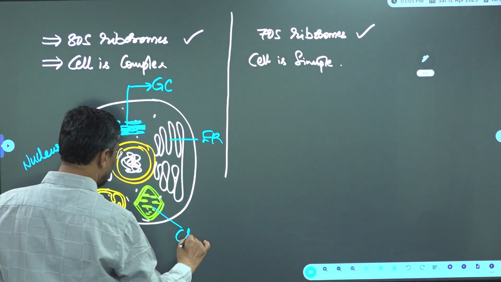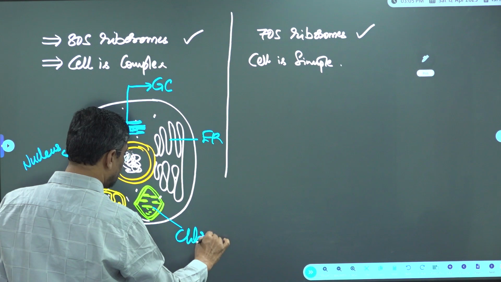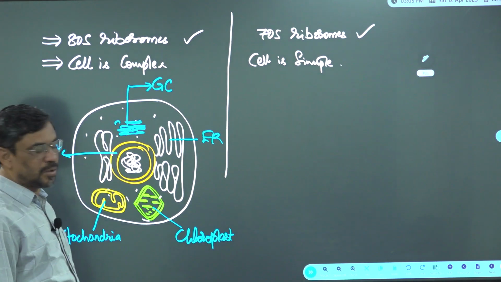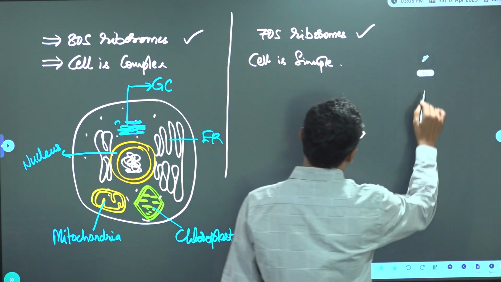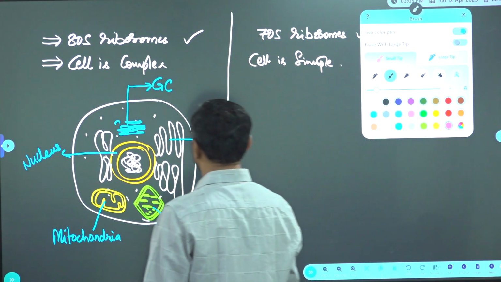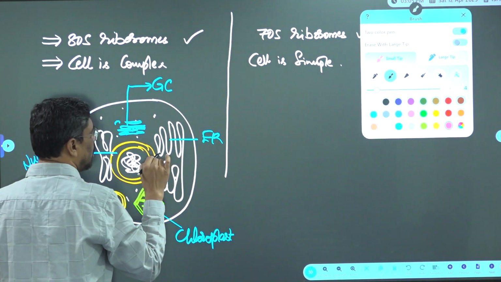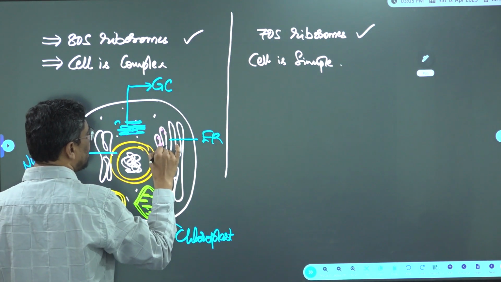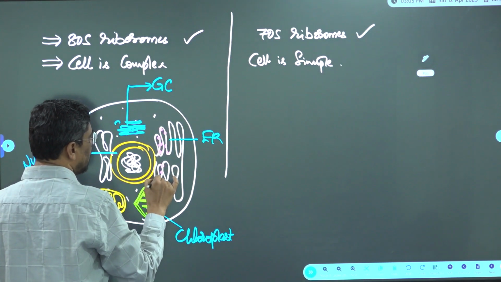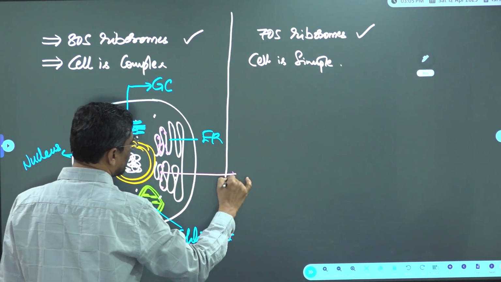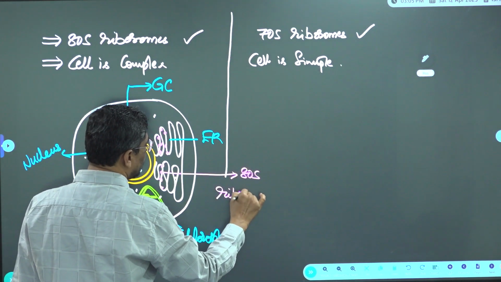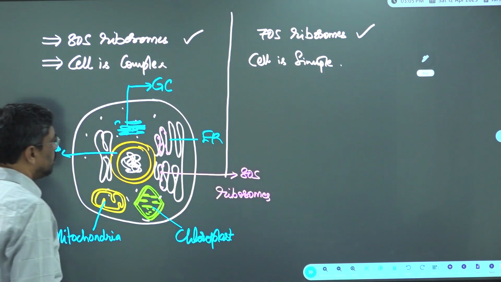And chloroplast. All these structures are present here. And on this endoplasmic reticulum, the rounded 80S type of ribosomes are present.